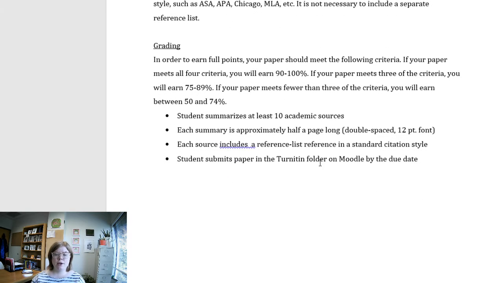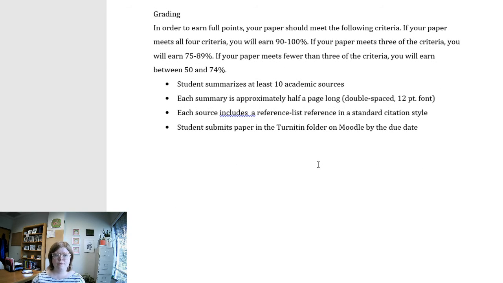My grading criteria are pretty loose. In order to earn full points, you should meet the following 4 criteria. You should summarize at least 10 sources, summarize each source for approximately half a page, double space, 12-point font.